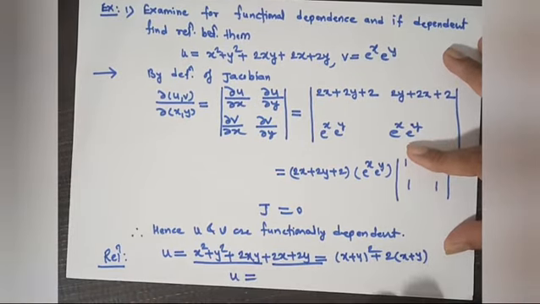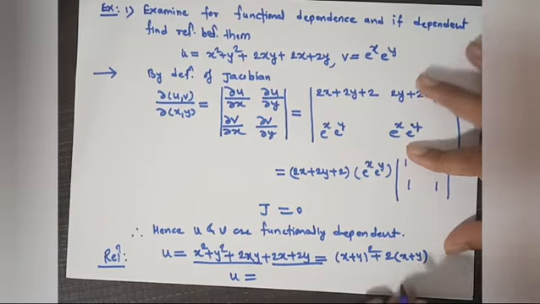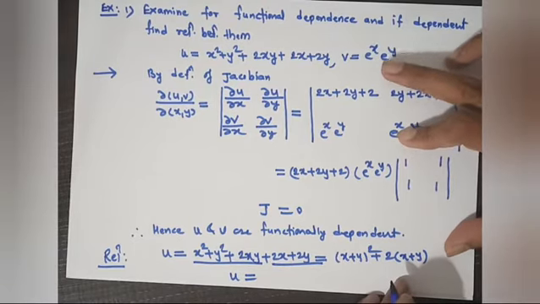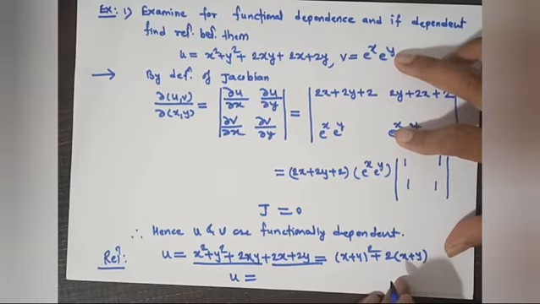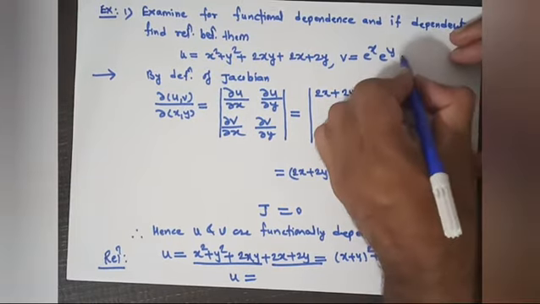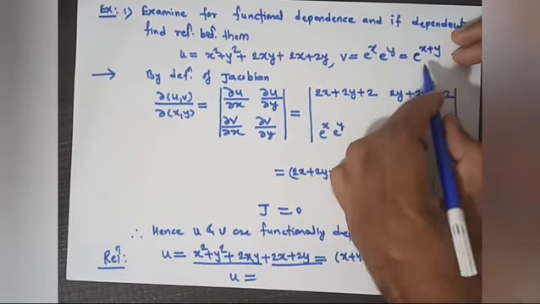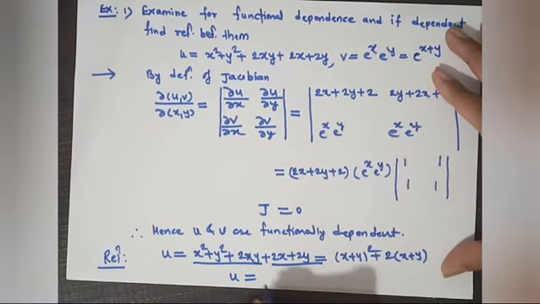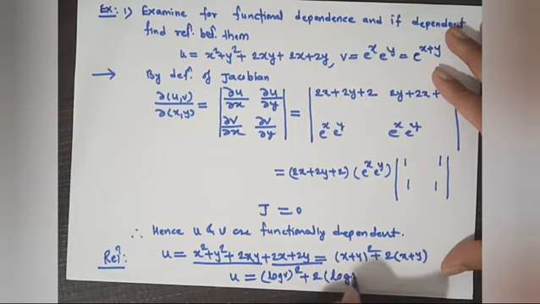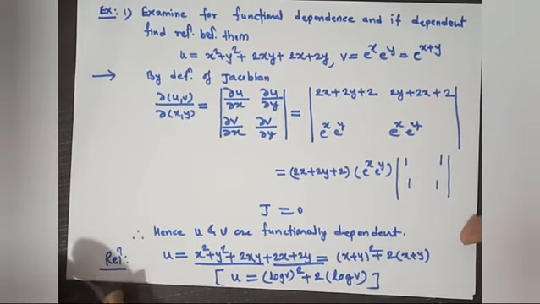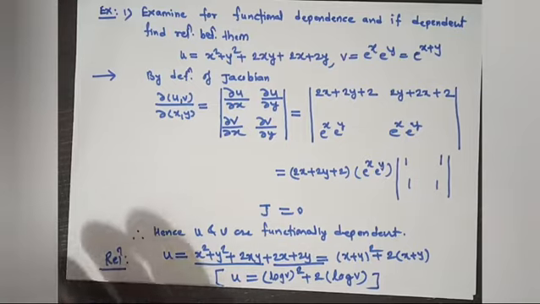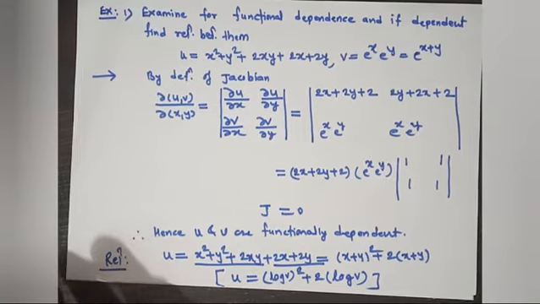But what is the value of x plus y? We know that v is equal to e raised to x, e raised to y. So v is actually e to the power x plus y. So x plus y is equal to log of v. So it is (log of v) whole square plus 2 times log of v, and this is a relation between u and v. So in this way we can calculate the relation between u and v.